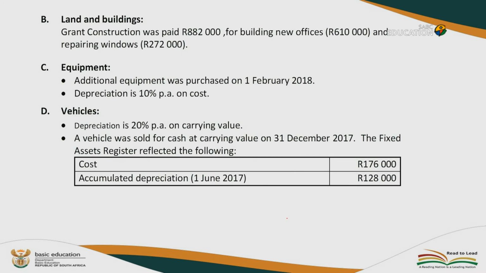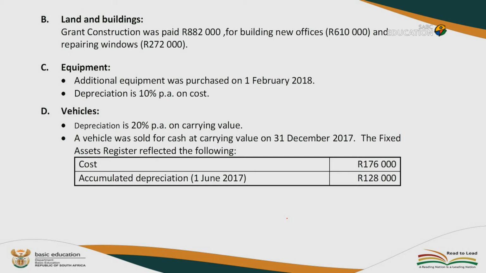Okay, I want us now to look at the land and buildings. For your land and buildings, we are told that Grant Construction was paid 882,000 for building new offices and repairing the windows. The offices were built for 610,000 and the windows were repaired for 272,000.